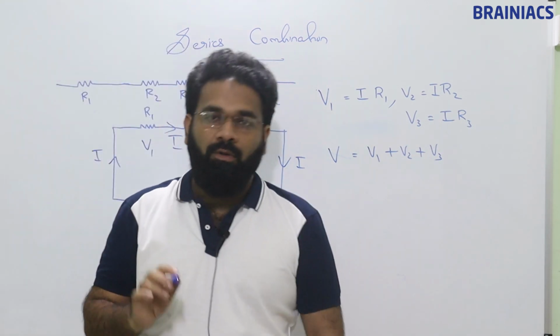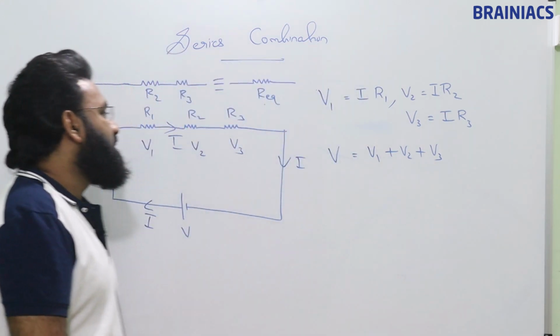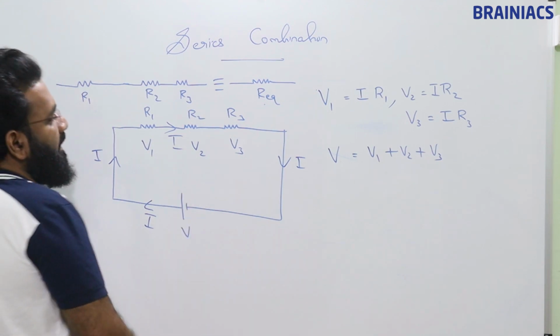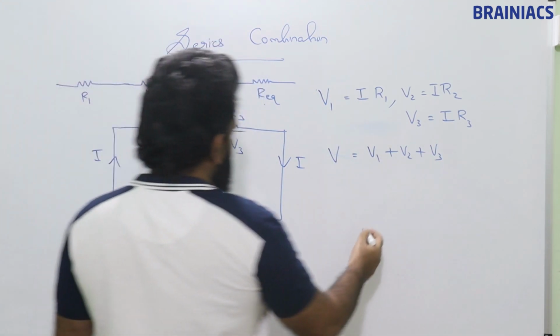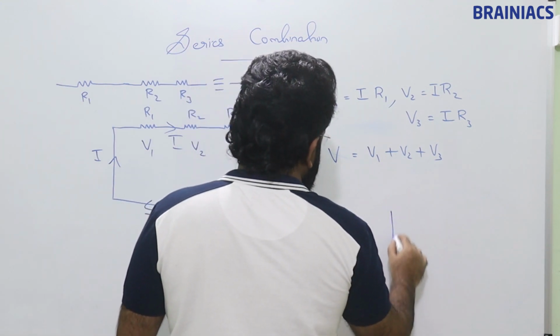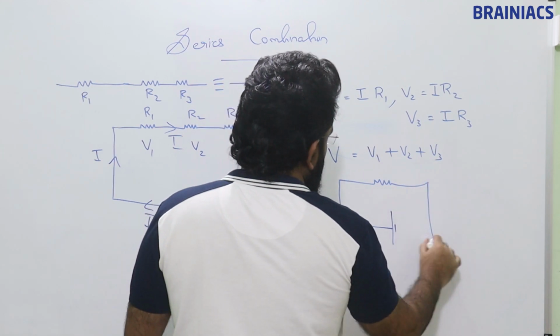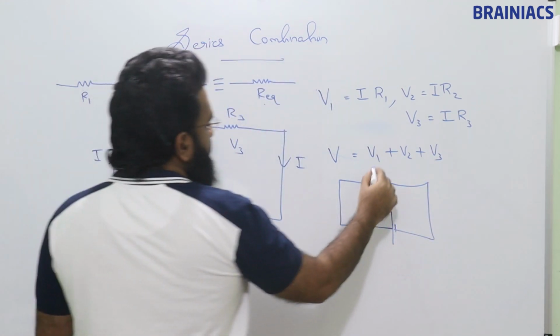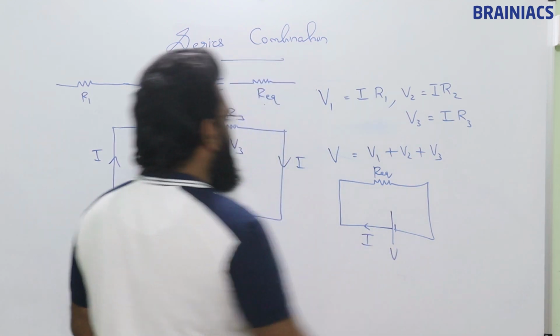The R1, R2, R3 putting together, what will be the value? That is equivalent resistance. So if we consider like this, we can redraw the circuit in this way. So this is nothing but R equivalent, this is V, this is I.